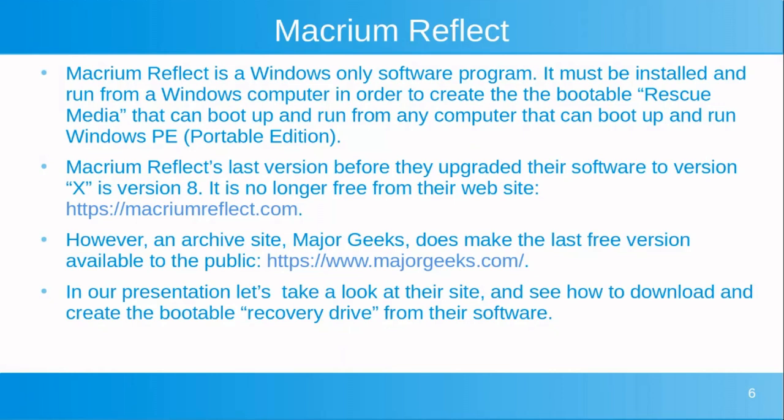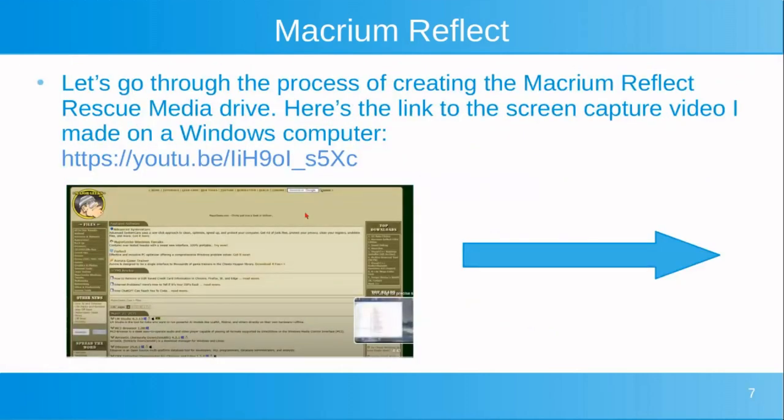In our presentation, let's take a look at their site and see how to download and create the bootable recovery drive from their software. So let's go through the process of creating the Macrium Reflect Rescue Media Drive. Here's a link if you want to try it, or if you actually want to see what I'm doing, and we're going to play it today.